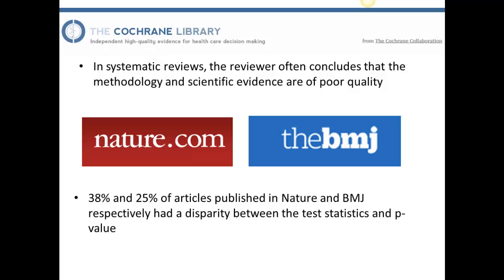For example, a study of papers in 2001 showed that 38% of articles published in Nature and 25% in the British Medical Journal reported test statistics and p-values that did not correspond to each other. In this case, the mistake could be trivial and unlikely to affect the general conclusions. But we do not know. It's more the frequency of the mistake that is so surprising.